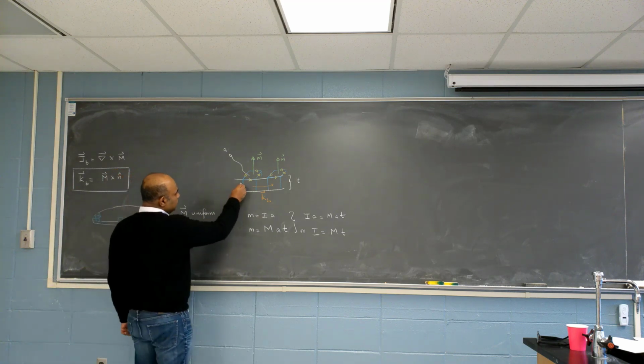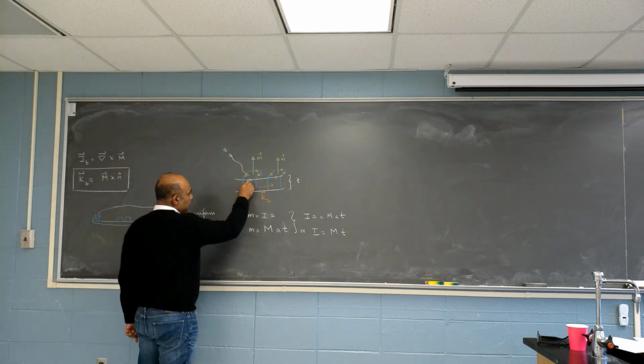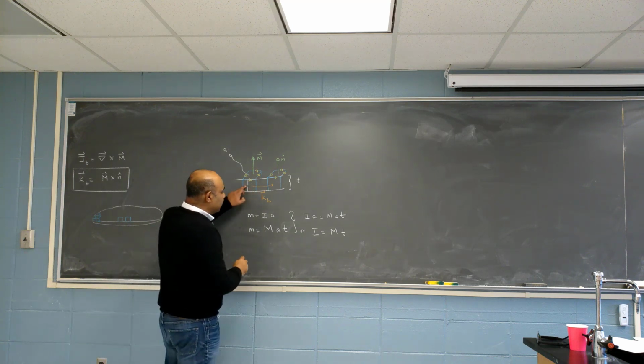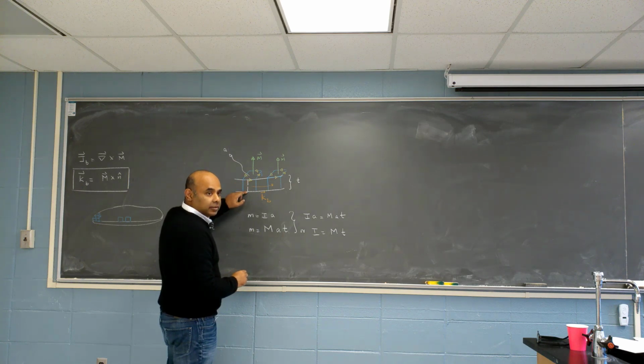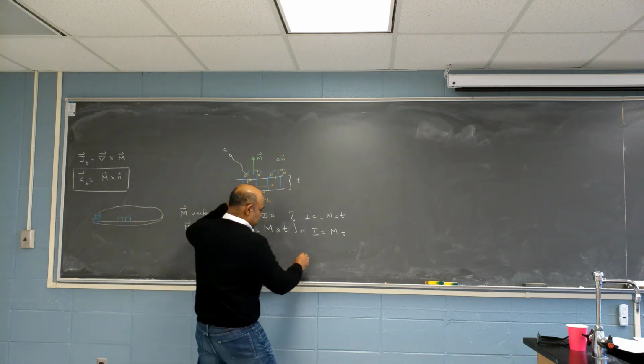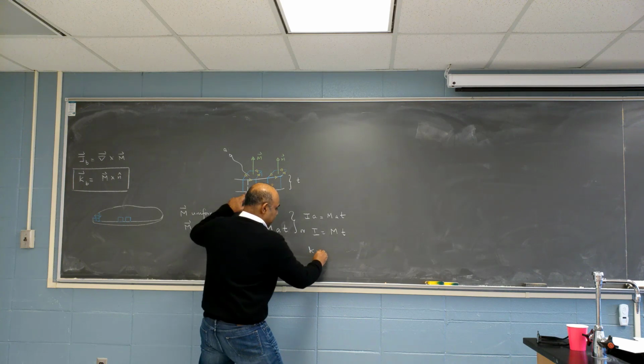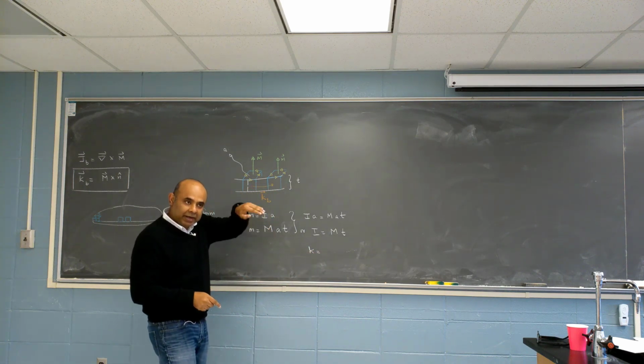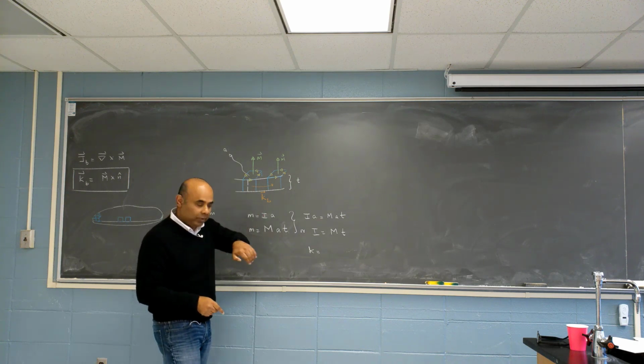But look at this. This is the thickness. So what is the magnitude of K? It's the current divided by thickness. K, right? The current flowing divided by the perpendicular thickness. That's what K is.